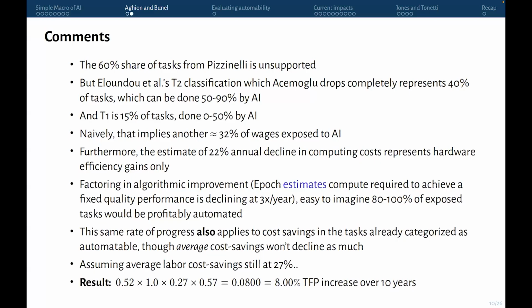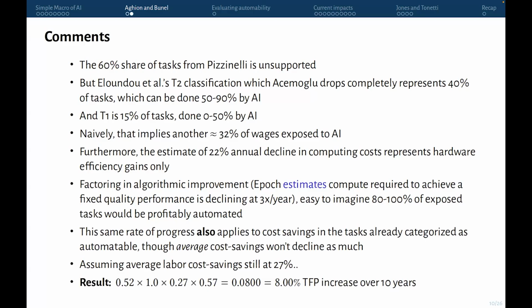There is a caveat that if these costs are falling, that also means that in the tasks you've already automated, you're getting more and more cost savings, but you're not getting more and more cost savings on the newly automated tasks. You could think about that as roughly washing out. So, say we still assume average labor cost savings are at 27%.